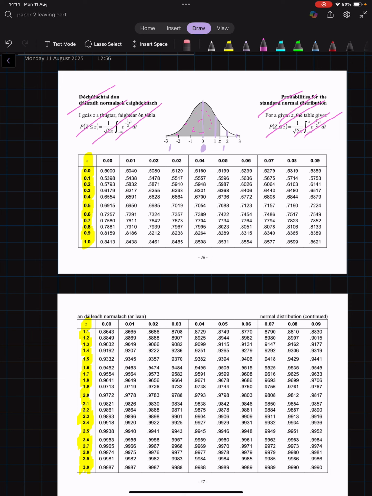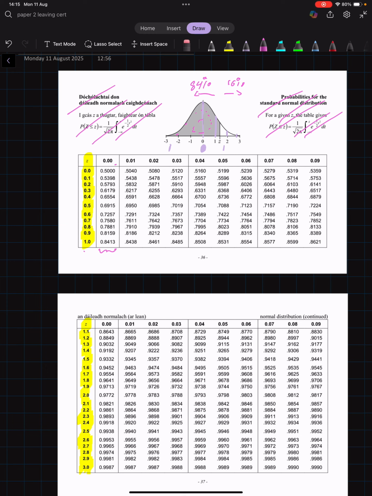If we go down to a z-score of 1.00, that is roughly 84% of people who are shorter than you, and 16% of people who are taller than you. That's what a z-score does. It just tells you where you are compared to everybody else. That's all a z-score is, and that's all the normal distribution says.